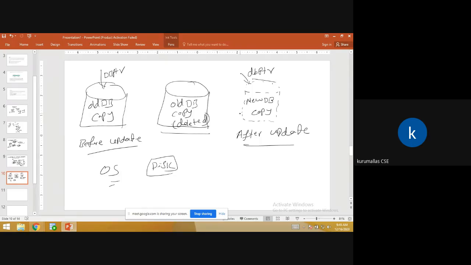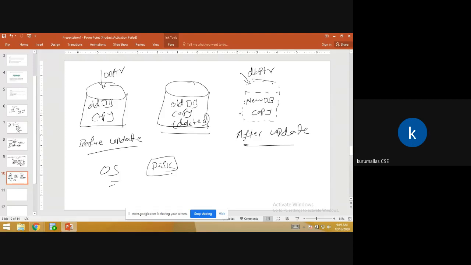If it fails, it will not proceed further, so it goes to the aborted state. If the transaction is successfully completed, the data is preserved, and before and after the transaction everything is the same, so it goes to the committed state. That is the transaction state explanation.